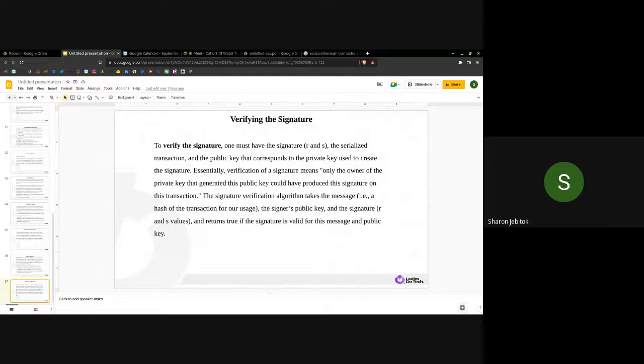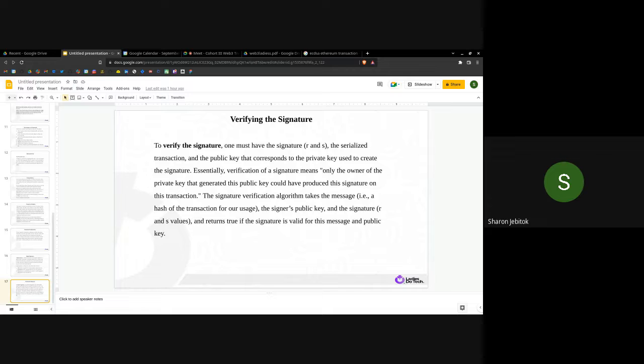So there they were just explaining the verifying. For verifying, they'll need three things: the signature, the public key, and the serialized transaction, which is a hash of the transaction.